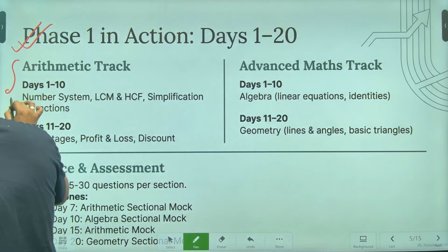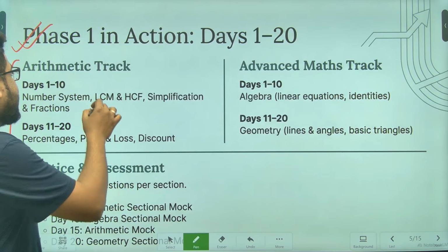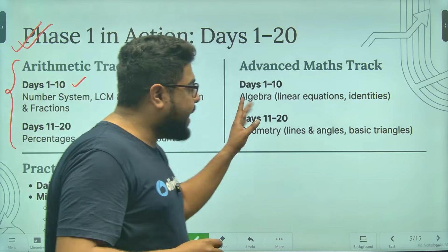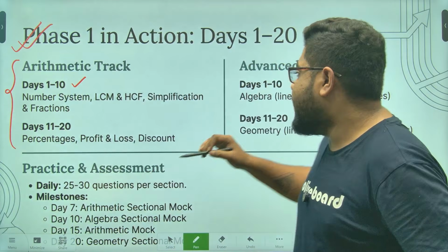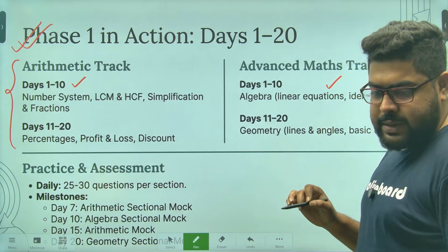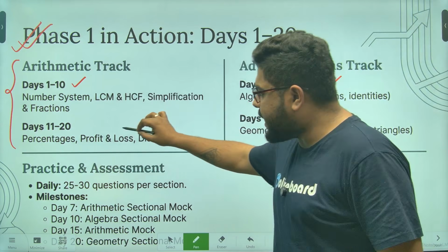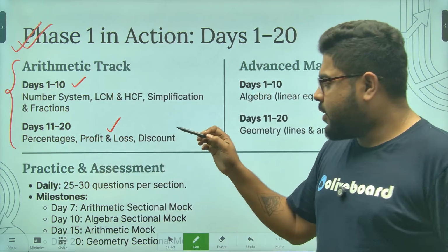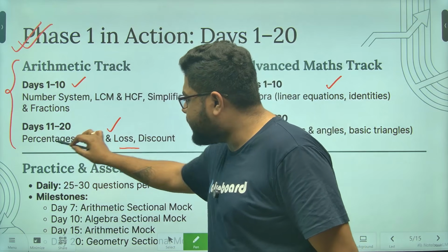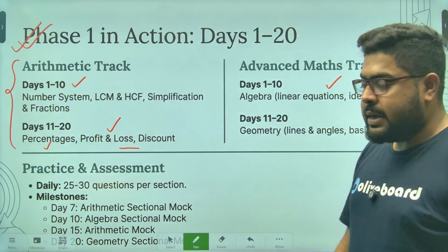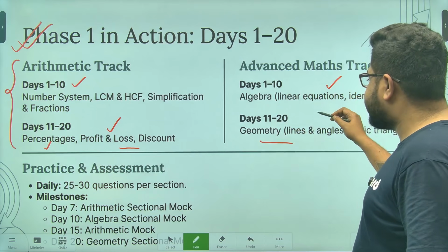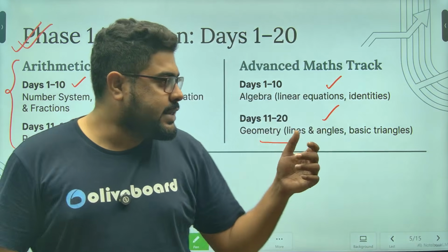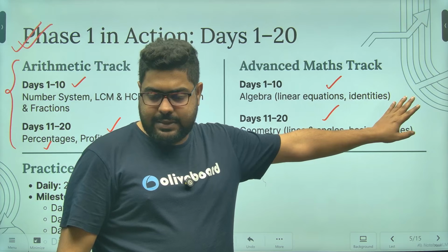For arithmetic, I will ask you for the first 10 days to complete number system first, and parallelly, in advanced maths, start with algebra. The second 10 days then comes percentage, profit loss, discount, because profit loss discount completely depends on percentage. Now, complete geometry you cannot do in 10 days, so this is just the first part till triangles.